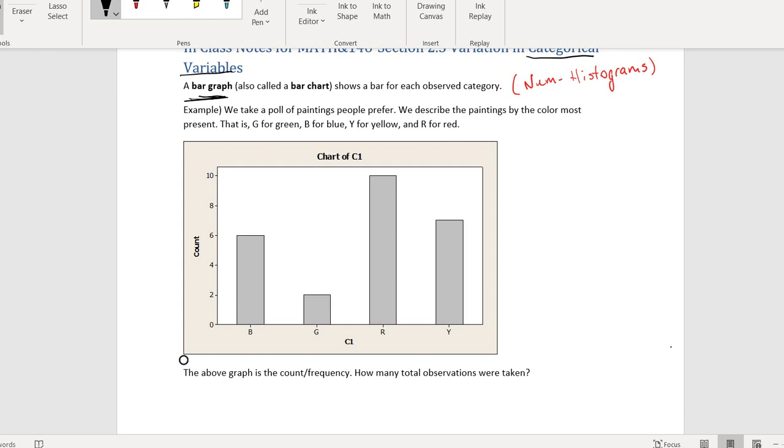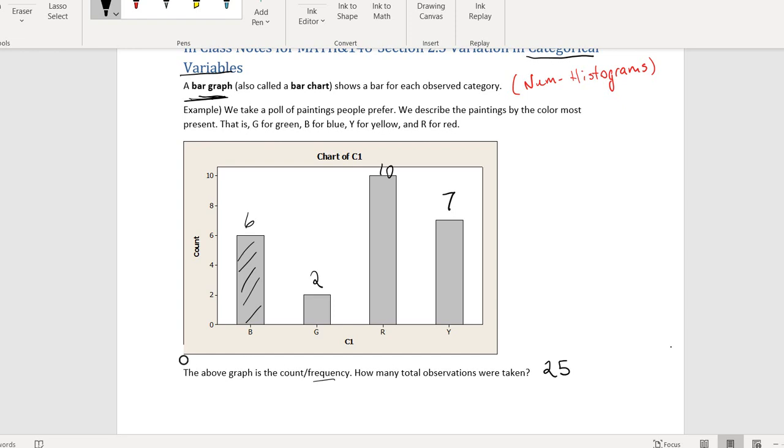For example, if they liked a painting that mostly had green in it, then we would code it G. So here we have blue, so we had 6 people who liked that painting, 2 who liked the painting that had green the most, 10 who liked the one with the most red, and about 7 who liked yellow. So we can look at the count or the frequency of each observation, add them together, and get how many we had total. So we had 25 total.